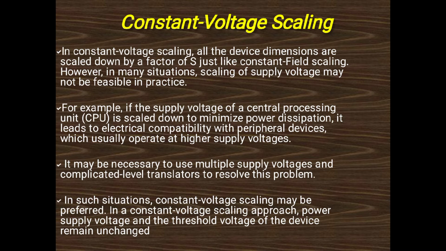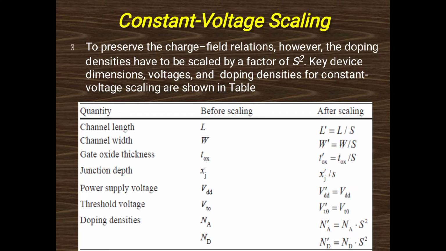Here we maintain the supply voltage as a constant parameter and change the remaining physical parameters; how the physical parameters affect the electrical parameters is the main thing. To preserve the charge field relations, however, the doping densities have to be increased by a factor of s square.